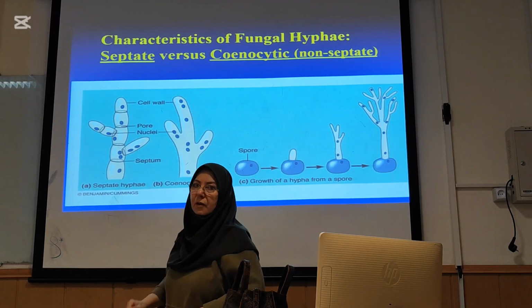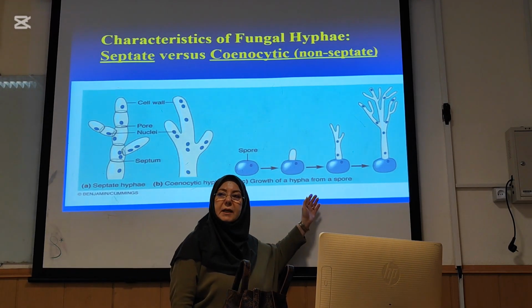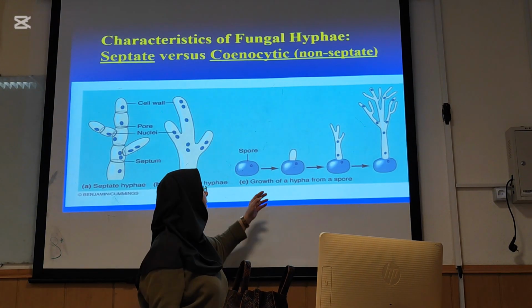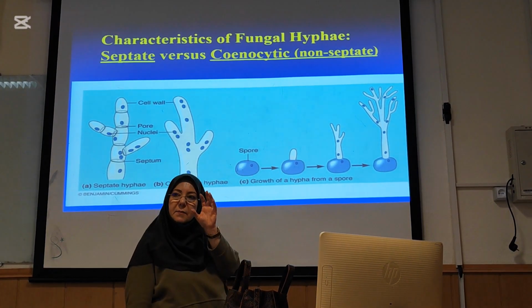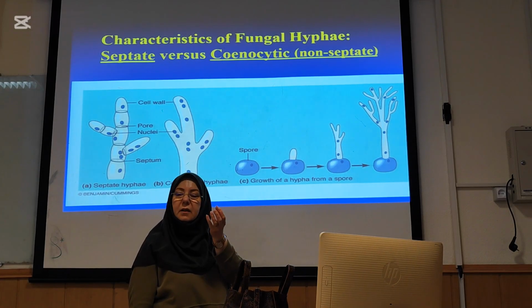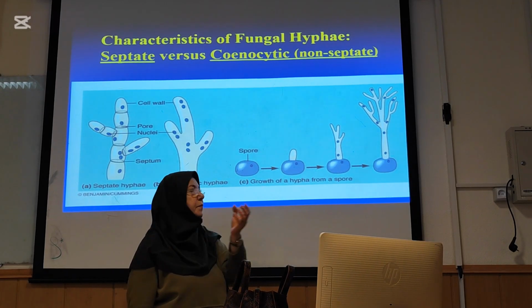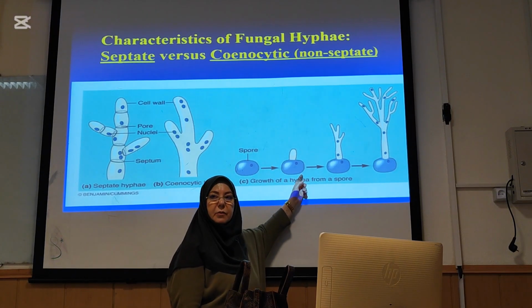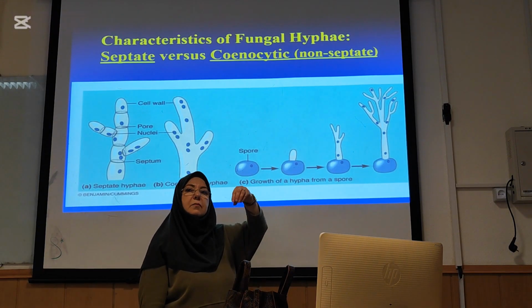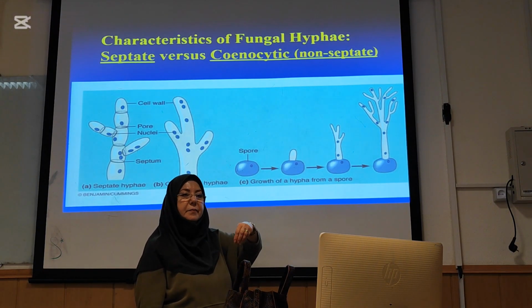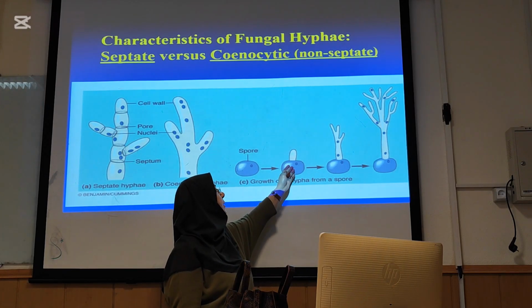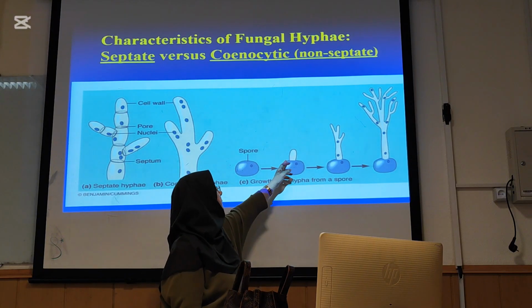In this part of the picture, you can see the germination of the spore. First, you can see one spore as a unit of the fungus. After germination, you can see one germ tube that grows out of the spore.